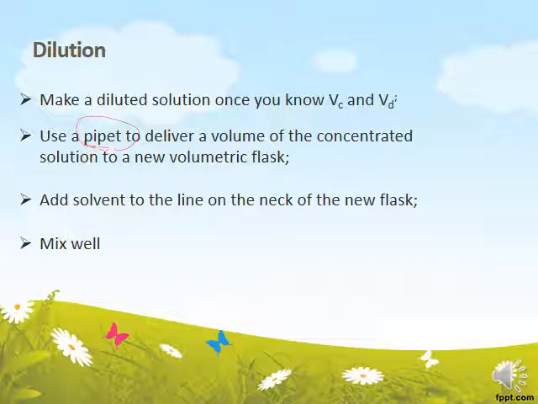When you use a burette, measuring cylinder or beaker, the error is larger. So we pipette the volume of the concentrated solution to a new volumetric flask, then add solvent to the mark on the neck of the new flask, and then we invert it so that it mixes well.